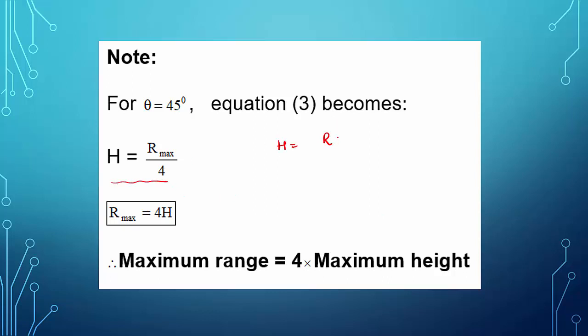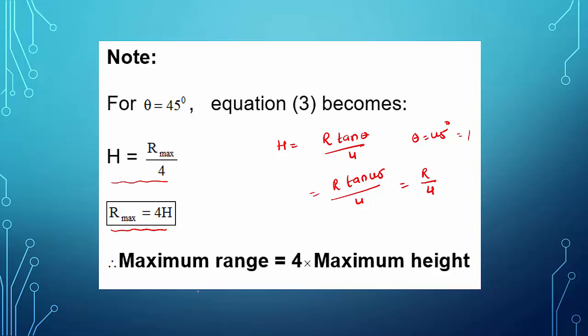We know that H equal to R tan theta divided by 4. If theta equal to 45 degree, substitute here R tan 45 divided by 4, or we can write it R divided by 4 because tan 45 is equal to 1. So we got H equal to R by 4, or R maximum is equal to 4 times of H. Horizontal range is equal to 4 times of maximum height.